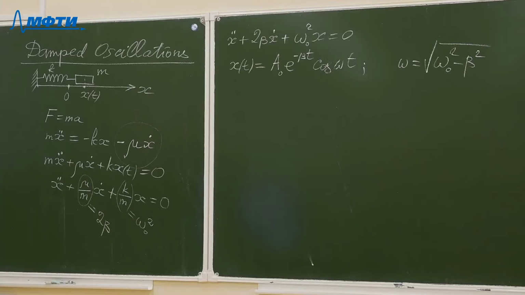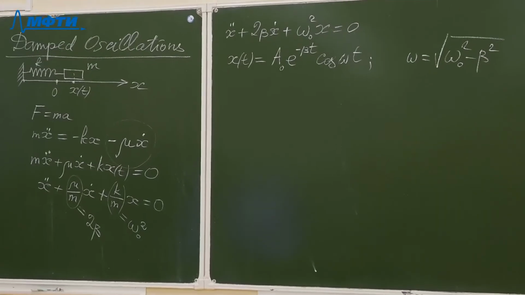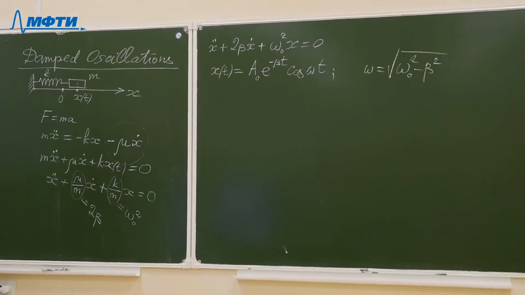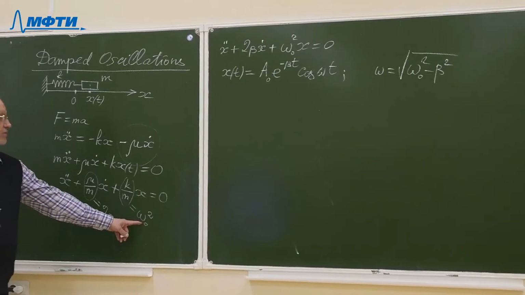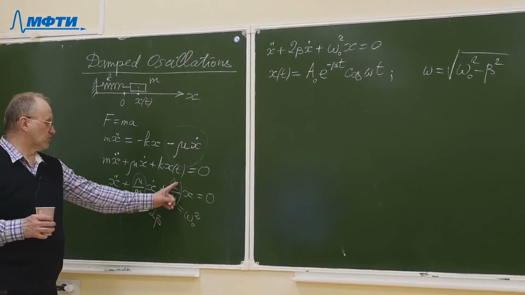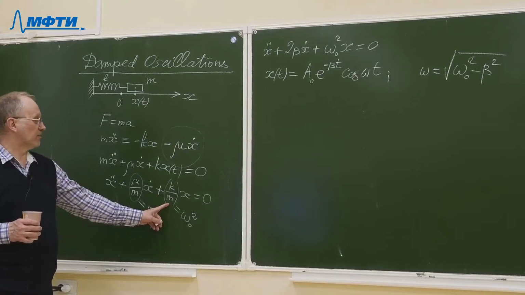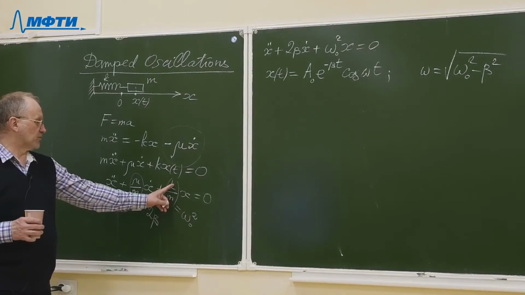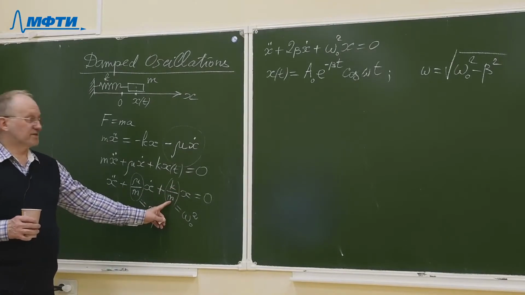If omega, the oscillation frequency, is related in this way to omega 0. And you know what is omega 0? This is square root of k divided by m. Stiffness of the spring divided by the mass of oscillating body.